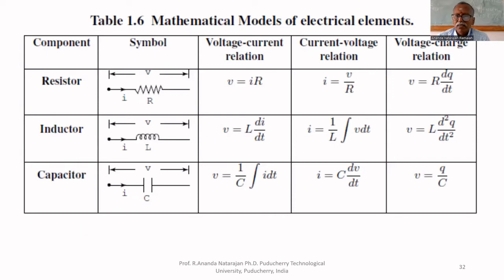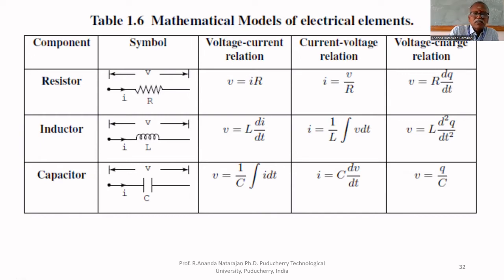This is for electrical system. As far as the electrical system is concerned, if it is a resistor, we can write the equation for voltage across the resistor. What is the voltage across the resistor? I multiplied by R. R is constant, I is variable.